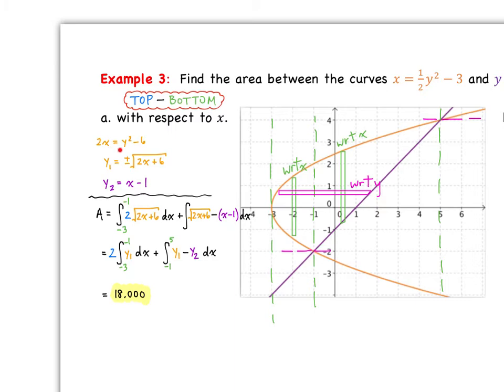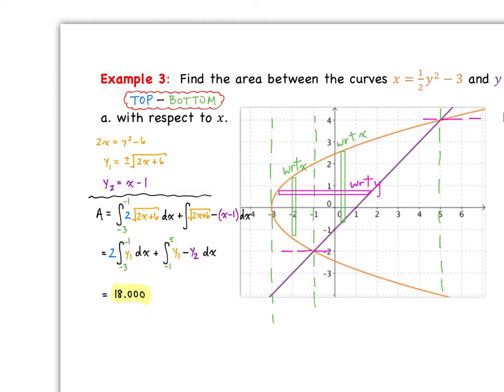And so we get 2x equals y squared minus 6. When I solve for y, I add 6 and then take the square root. So y1 is what I'm going to plug in, is really equal to plus or minus the square root of 2x plus 6.